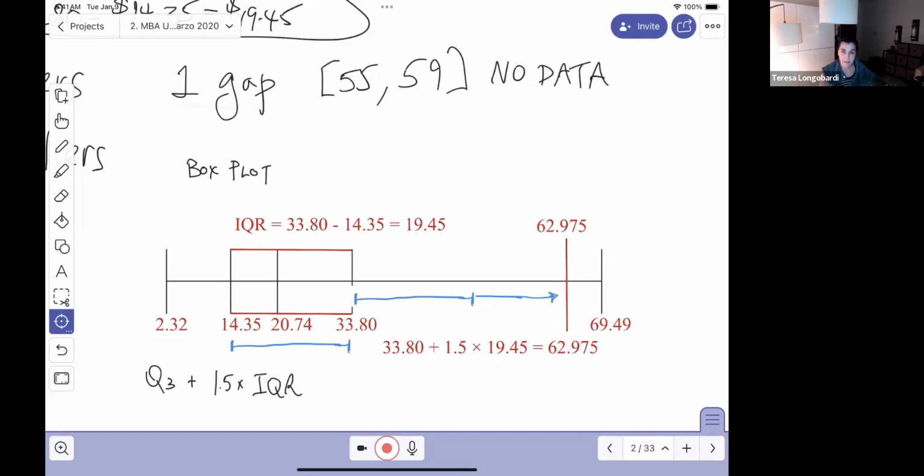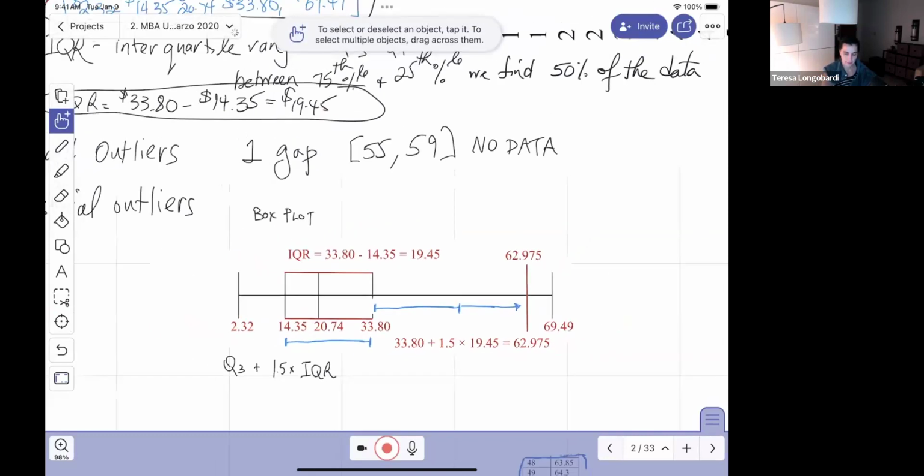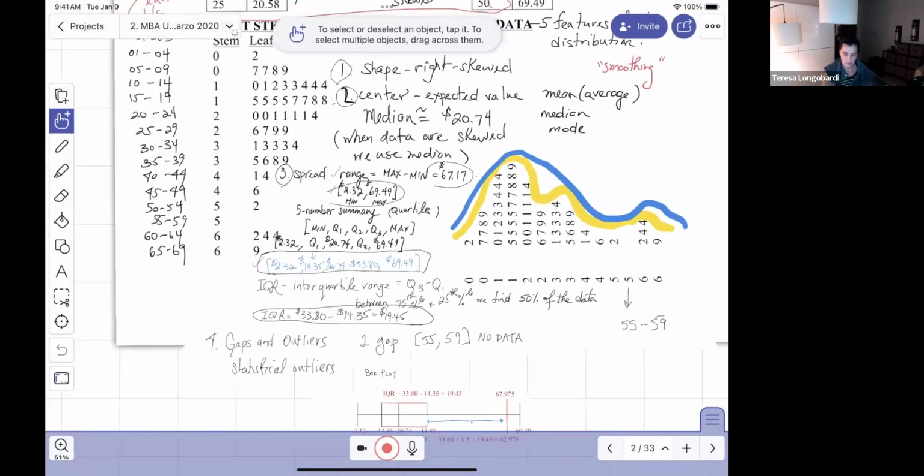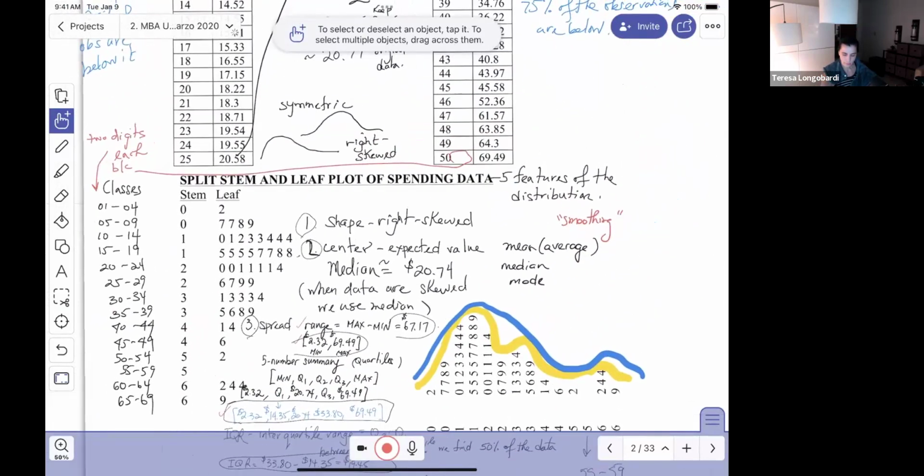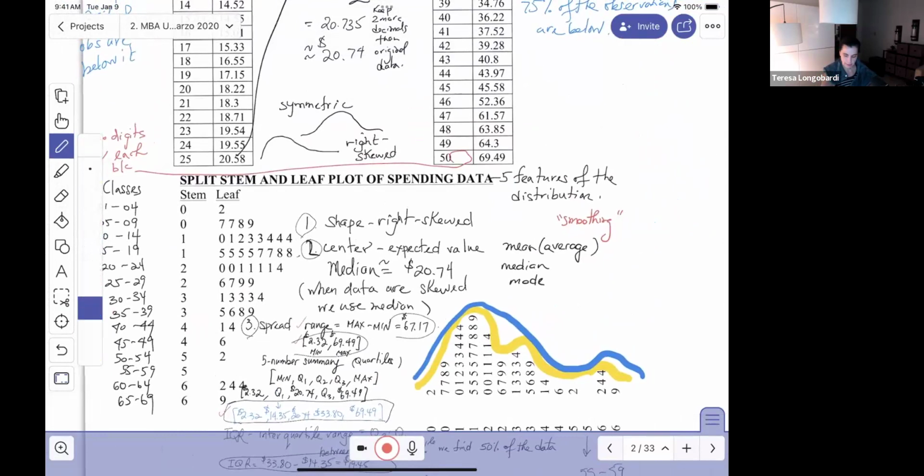So we have to go back to the data and check which values are bigger than 6297. Which ones are bigger than 6297? These 3.